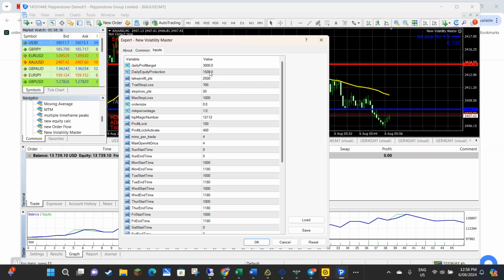And then on that second trade, you would have a good chance of catching a nice bit of a trend and making up for that first loss with some profit on top, and hopefully all the way through to the daily profit target.